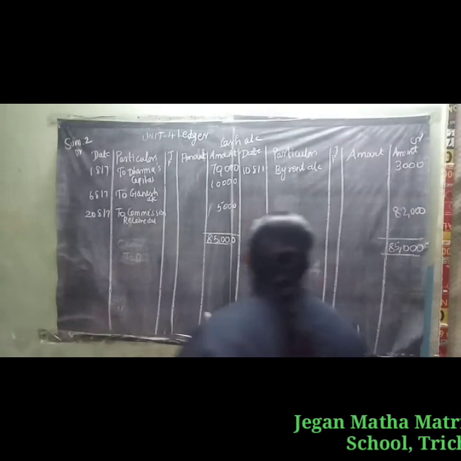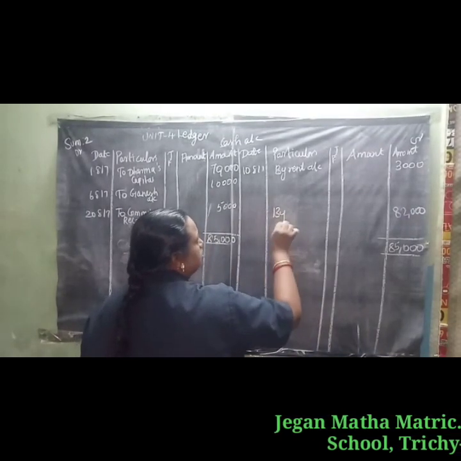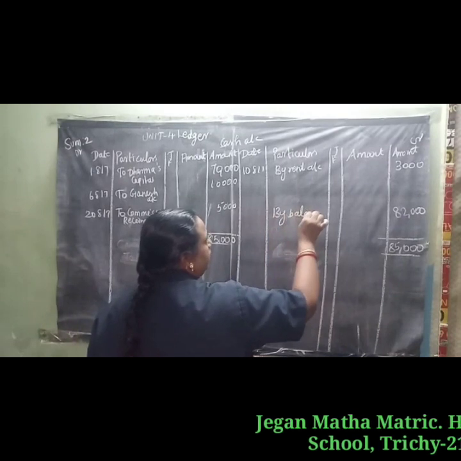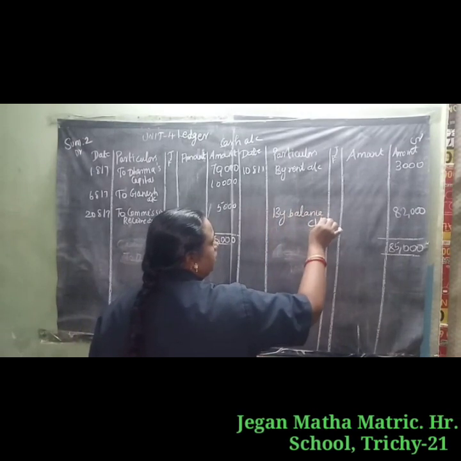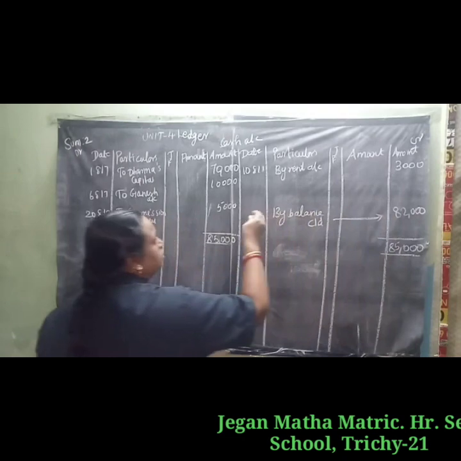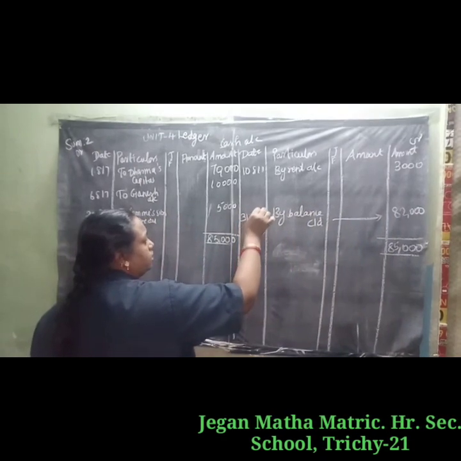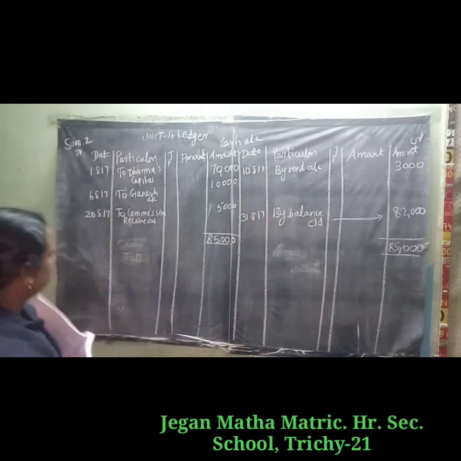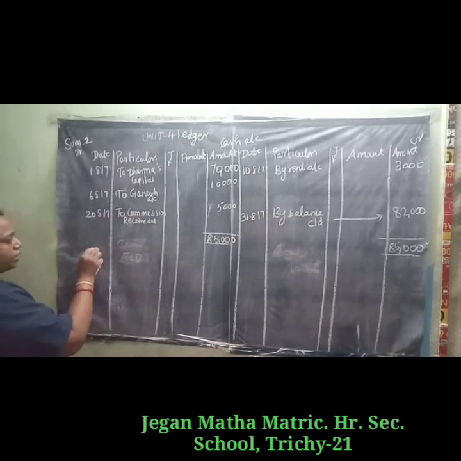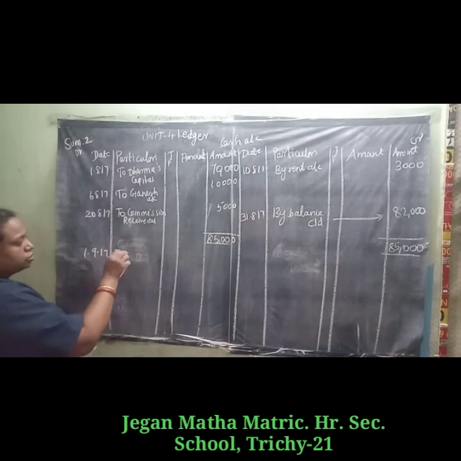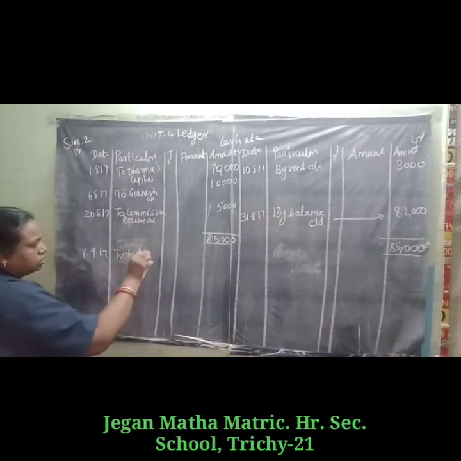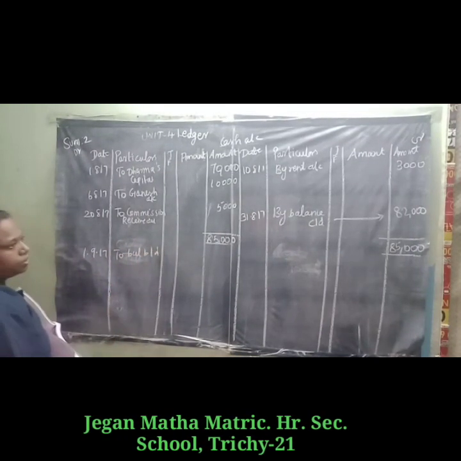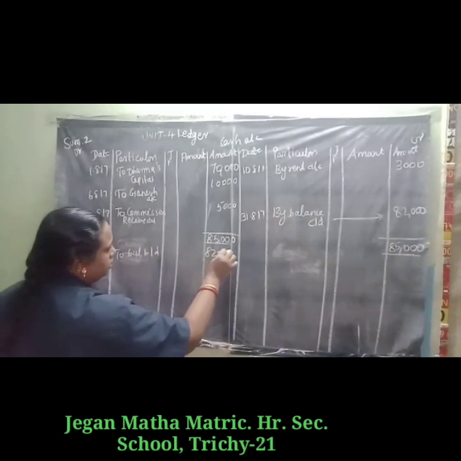The answer is called by balance carry down, 82,000, dated 31/8/2017. Then bring it to the next month, 1/9/2017, to balance brought down, 82,000.